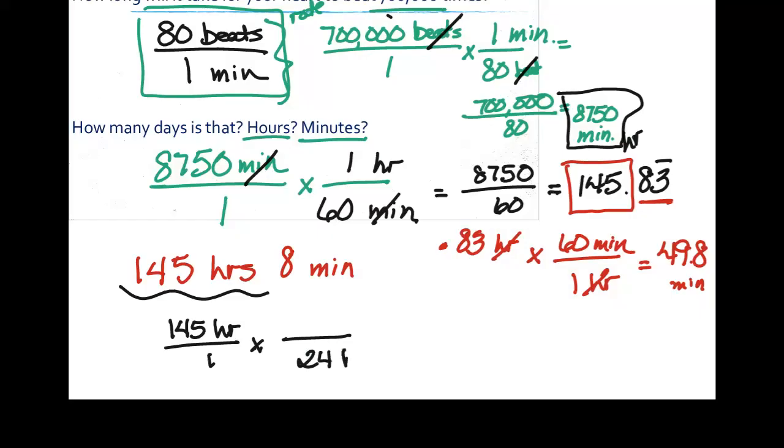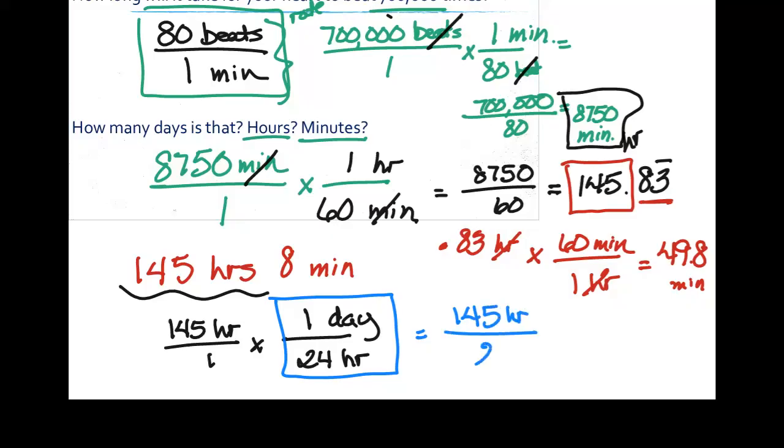24 hours makes 1 day. I want the hours to cancel out. This is your equivalent ratio right here. So you end up taking 145 hours divided by 24.